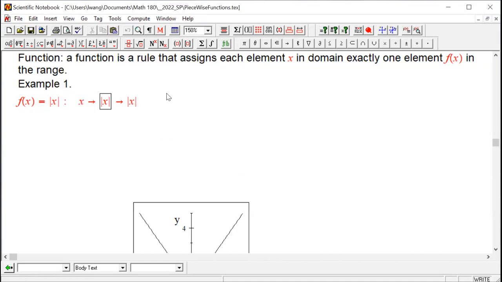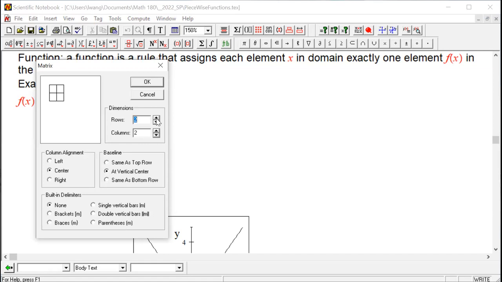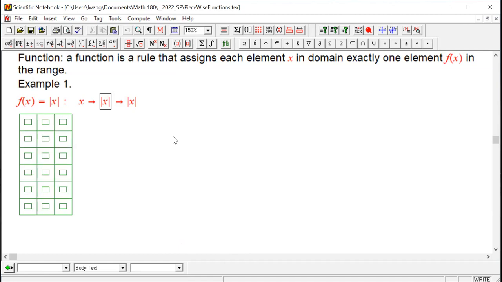We already know its domain and range for this particular rule, and we have talked about that first by observing points. We have done some plotting of points. Let's do this again, because this is a very, very important function.